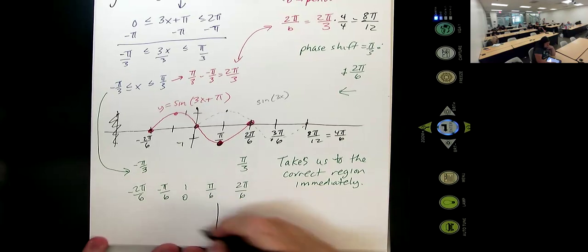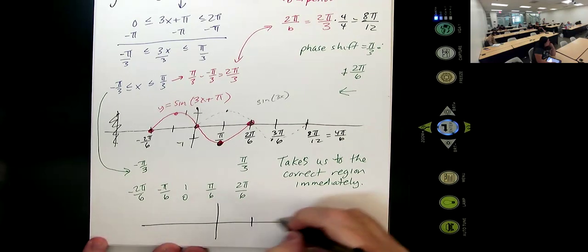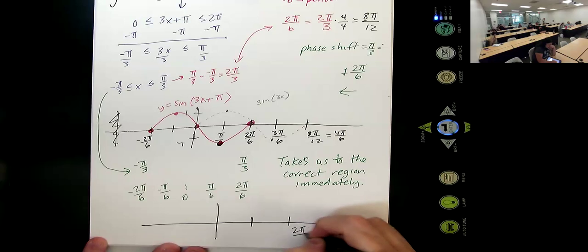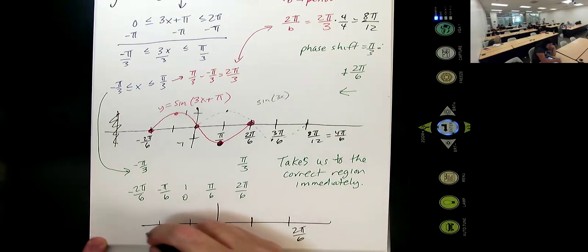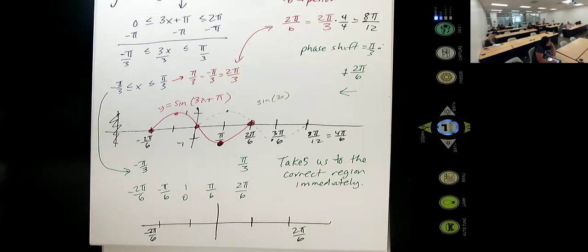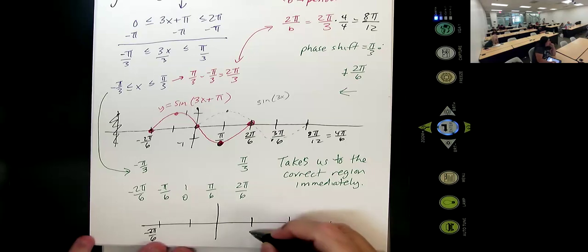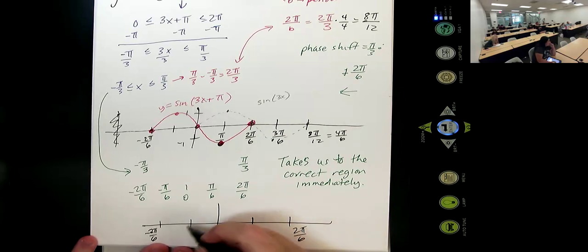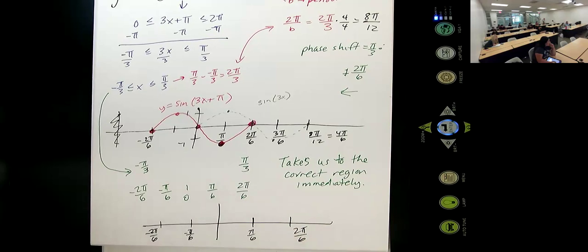This one, I jump straight to 2 pi/6 and negative 2 pi/6. And that makes this pi/6 and negative pi/6.